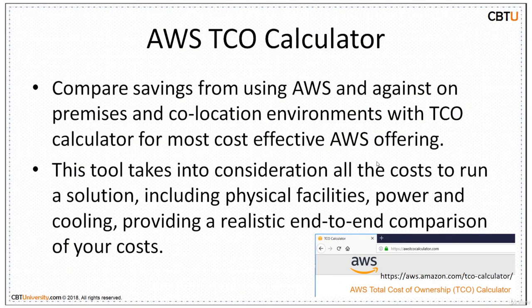AWS provides a TCO calculator also, total cost of ownership. Compare savings from using AWS against on-premises and colocation environments with the TCO calculator for the most cost-effective AWS offering. This tool takes into consideration all the costs to run a solution, including physical facilities, power, and cooling, providing a realistic end-to-end comparison of your costs.